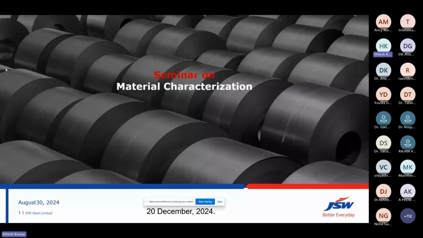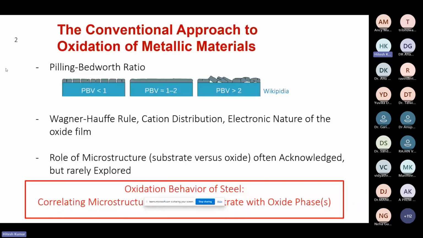First, this research part talks about the oxidation behavior, how the microstructure is going to affect the oxidation behavior or oxidation kinetics of your steel base material. People talk about the filling width ratio when it is less than 1, near to 1, and greater than 2.